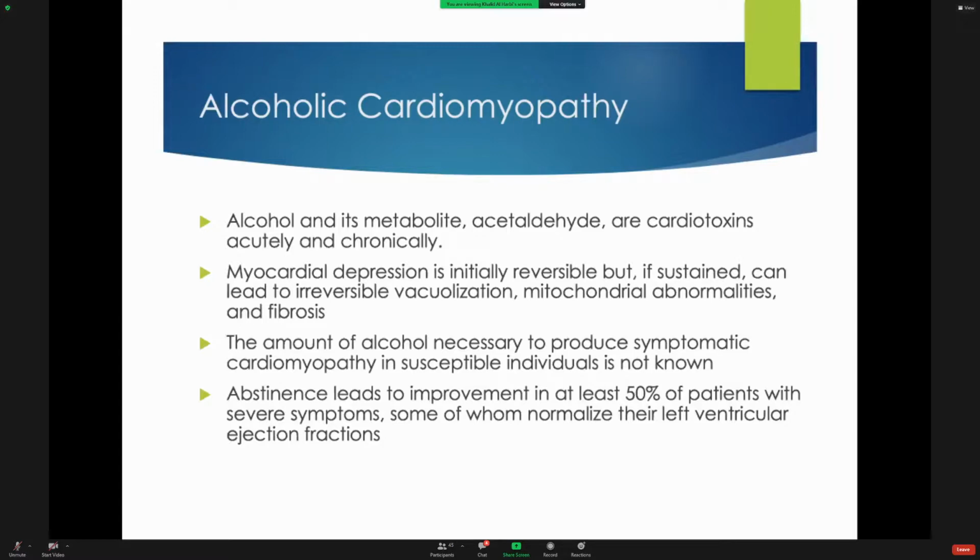The amount of alcohol necessary to produce symptomatic cardiomyopathy in a susceptible individual is not known, so it differs from person to person. Abstinence can lead to improvement in at least 50% of patients with severe symptoms, some of whom normalize their left ventricular function after abstinence.